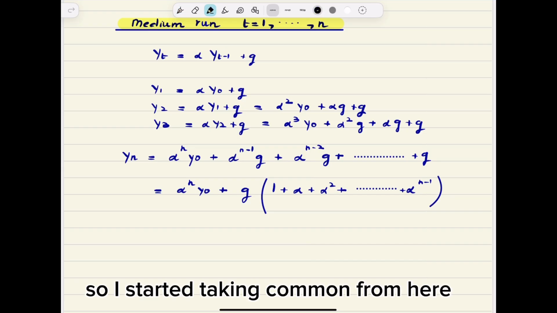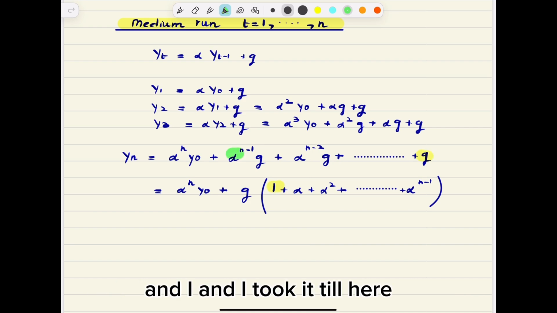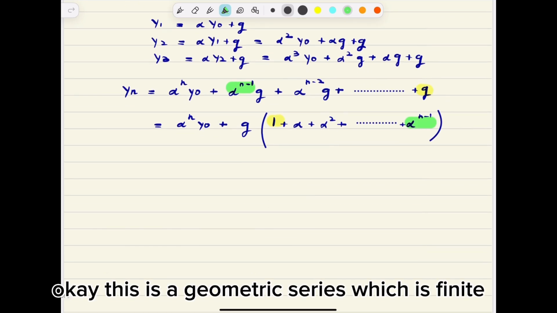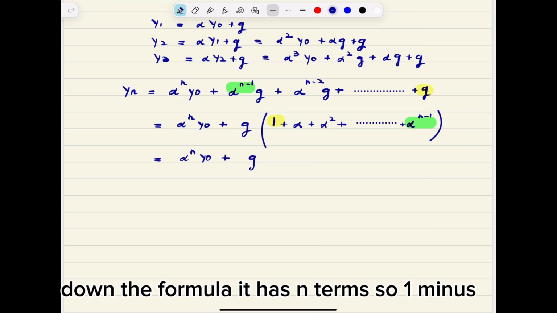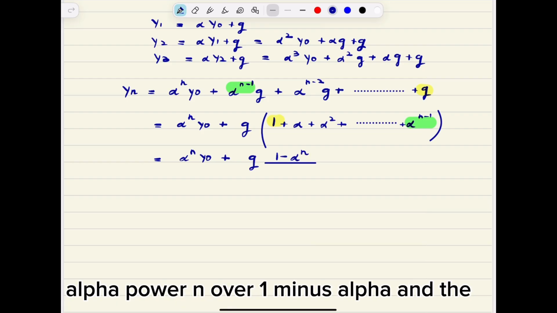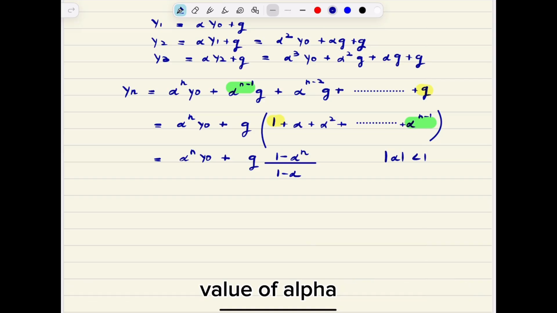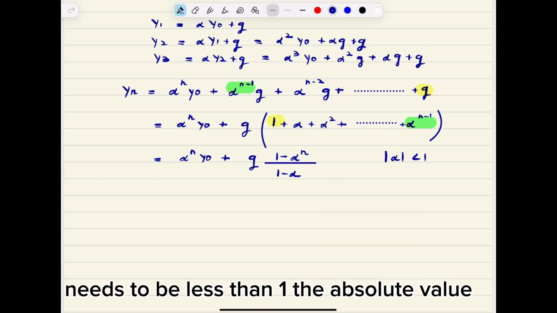So I started taking common from here, and I took it till here. This is a geometric series which is finite, so I can write down the formula. It has n terms, so it's 1 minus alpha power n over 1 minus alpha, and the absolute value of alpha needs to be less than 1.